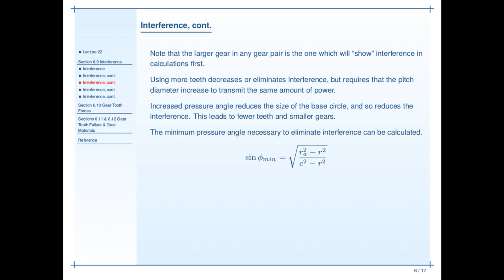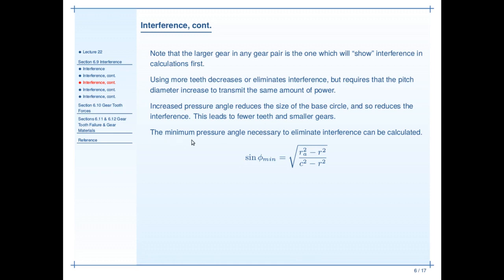You can also change the pressure angle to reduce the size of the base circle. You may want to sketch this on your own, what the pressure angle is in relationship to a pair of gears, in order to convince yourself that this is the case. This leads to fewer teeth and smaller gears, which may have another set of issues that you don't want.